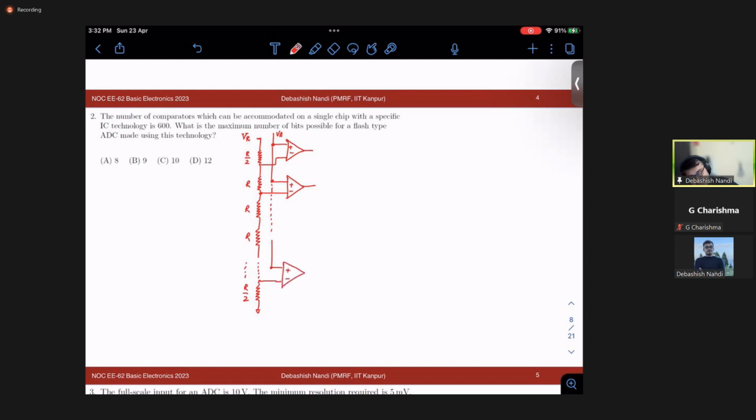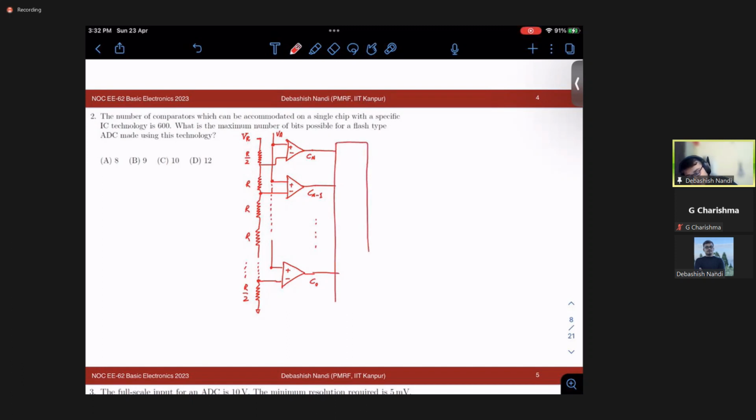These are the comparators. Okay, and these outputs are, let me say, Cn minus 1 down to C0. I'm not showing the D flip-flop chain. This is just a tentative diagram.